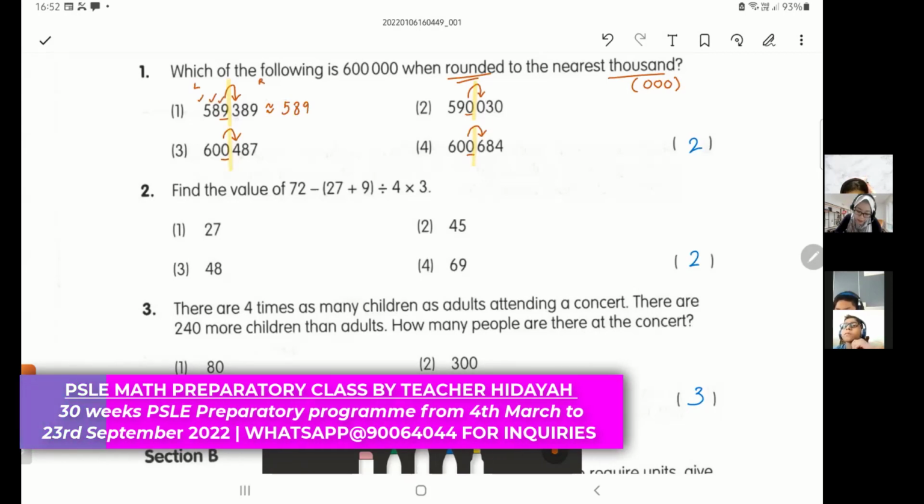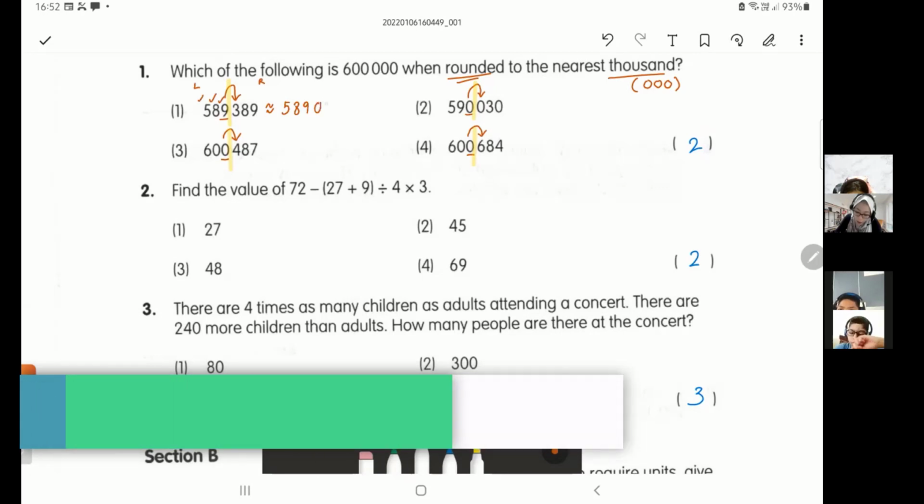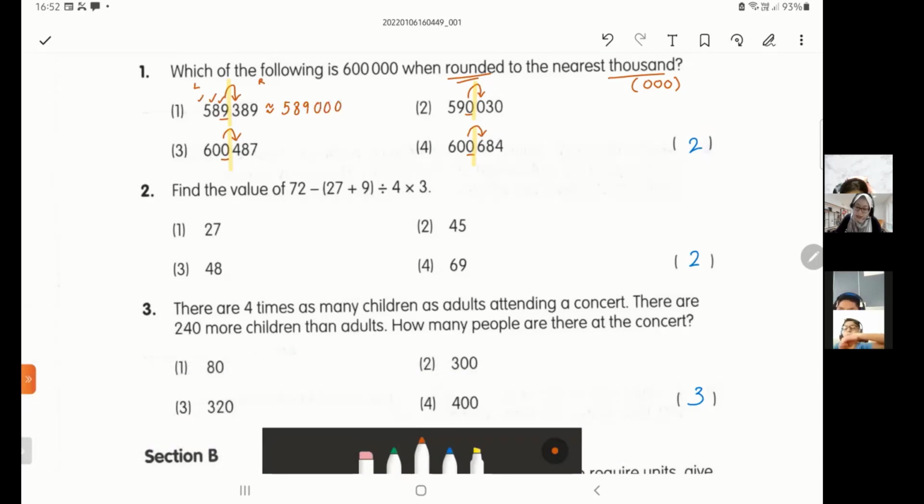All the numbers behind, which are 9, 8, and 3, become 0, 0, 0. The yellow line separates them: whatever is behind the yellow line will be zeros. Whatever is in front of the yellow line will be based on whether you plus 1 or you did not plus 1.